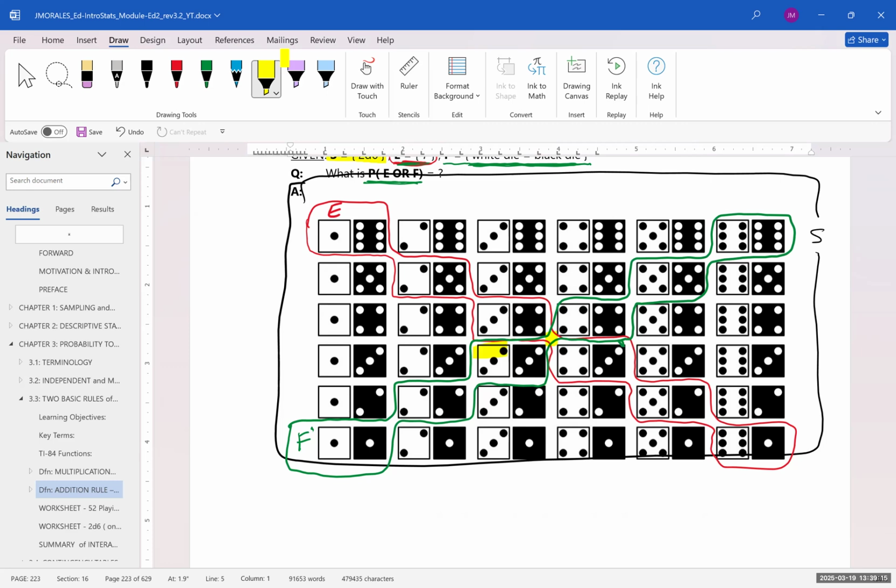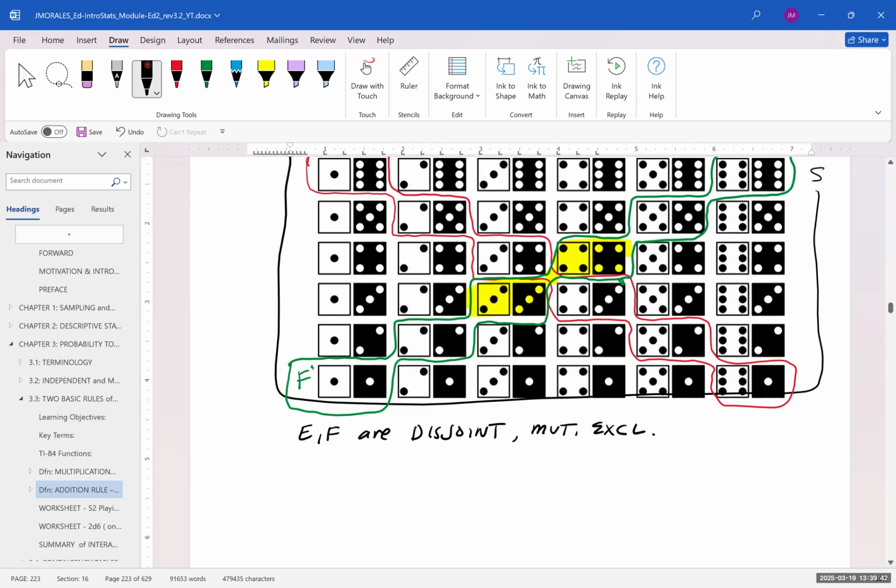Either you get a 6, which is two threes, or you get an 8, which is two fours. You can't have two dice that add up to 7. So what you've got here is where E and F are disjoint. They are mutually exclusive.